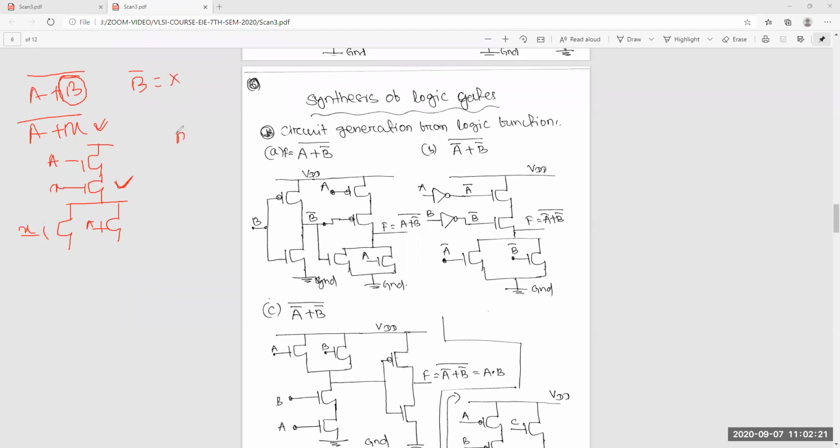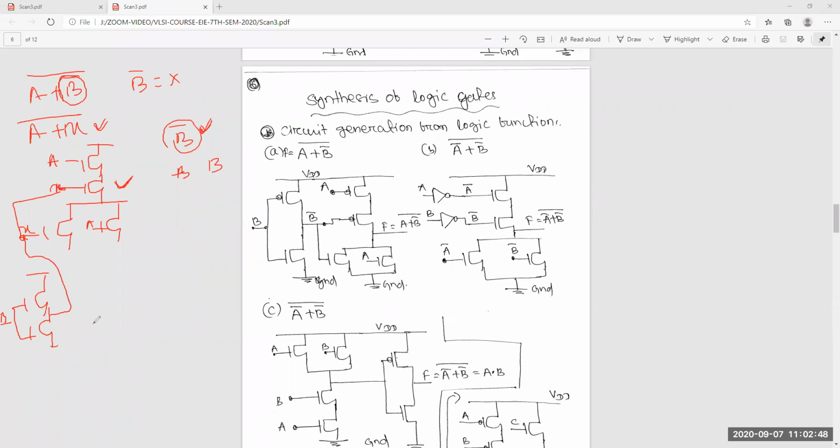X is nothing but b bar, so b bar means this is an inverter. How will you get b bar? If you give b, then you get b bar by using an inverter. So you will use an inverter here. This is b, and this is your b bar. This b bar will connect to here and here.